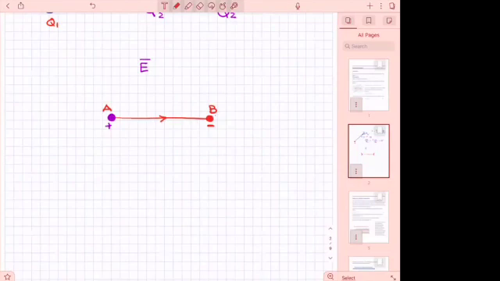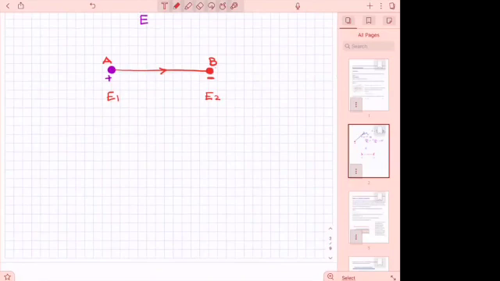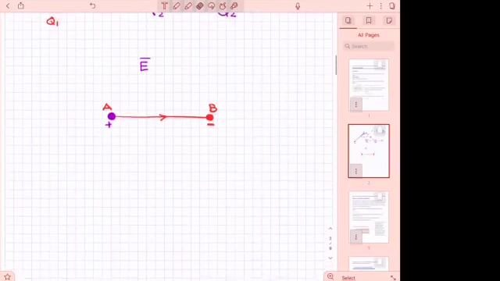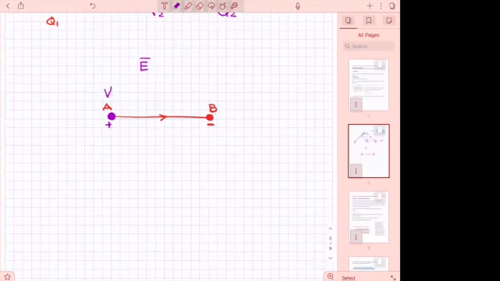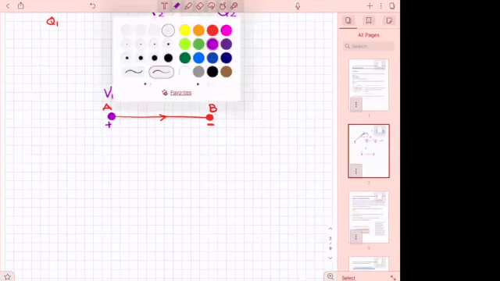All right, I mean, if you consider as vector. So you have E1 and E2. And also you will assume that this one has a potential V1, and this has a potential V2.